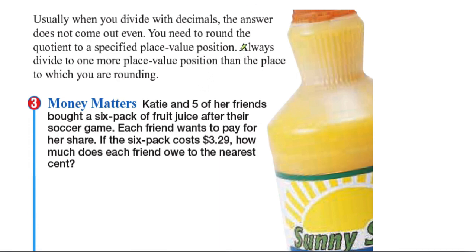This is important when we are trying to find an answer. Let's say it's asking to round the answer to the nearest hundredth. That means you need to divide all the way to the thousandths place so that you can round it to the nearest hundredth.